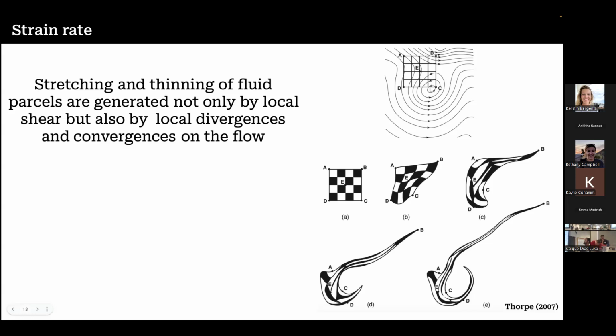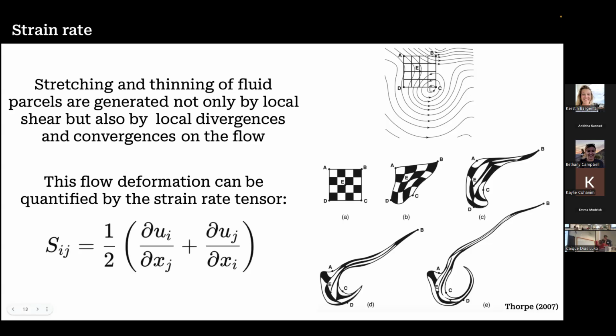And the strain is going to stretch these particles. And the way that we define strain rate mathematically is with the strain rate tensor. So S_ij, which is the strain rate tensor, is half of ∂u_i/∂x_j plus ∂u_j/∂x_i, where i and j are the i-th and j-th components of u and x.